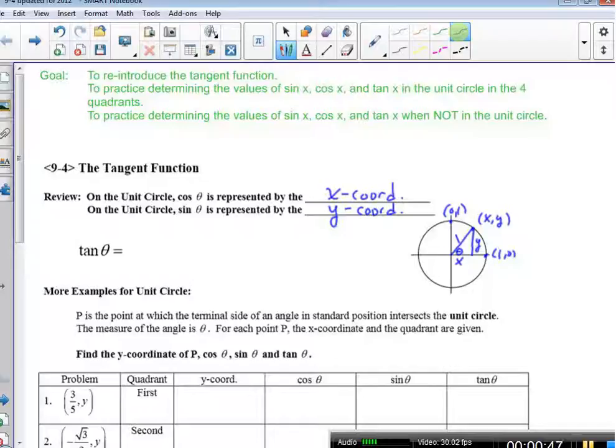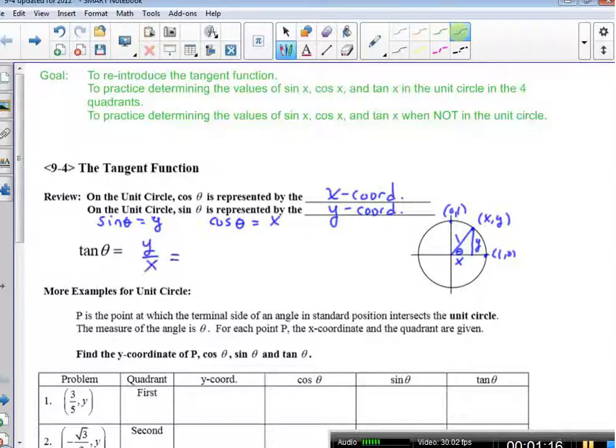We found sine theta to be opposite over hypotenuse, which was y over 1, which is just y. And we found cosine of theta to be adjacent over hypotenuse from that angle theta, which was x over 1, or just x. So as you can see from the diagram, tan theta is equal to y over x.